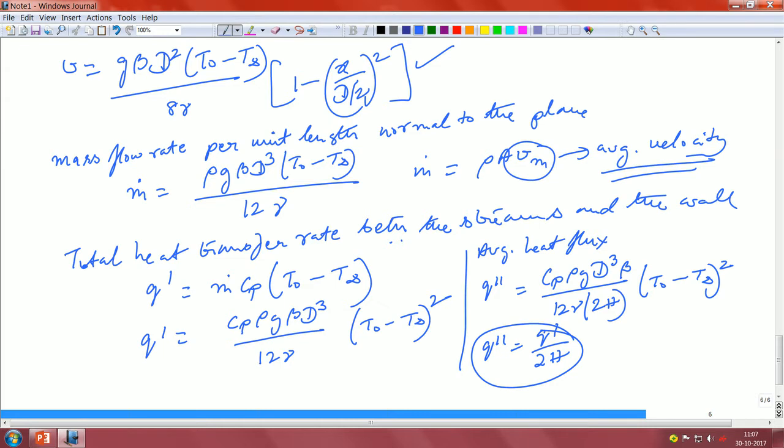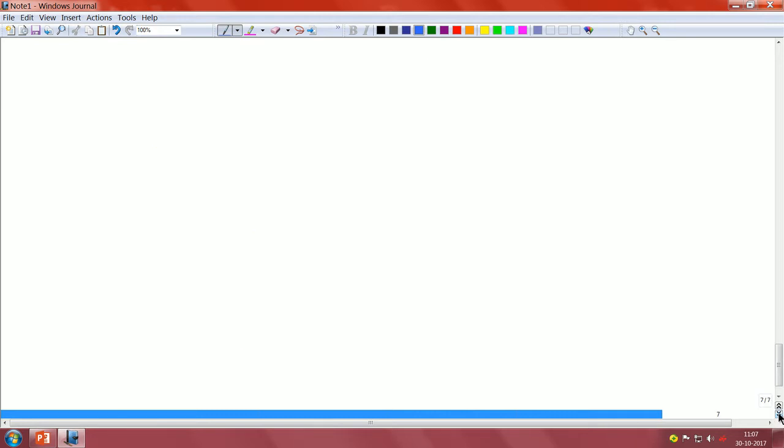Okay. So, now that we have found out what will be the average heat flux, we know what is the heat flux in general, or the total heat transfer. So, Nusselt number will be q double prime h divided by (T naught minus T infinity) into k, right.